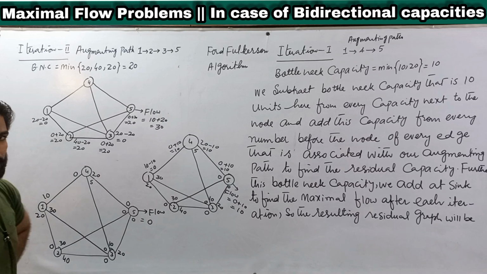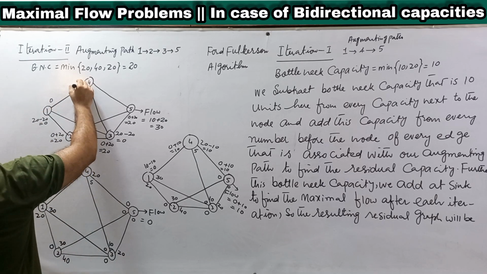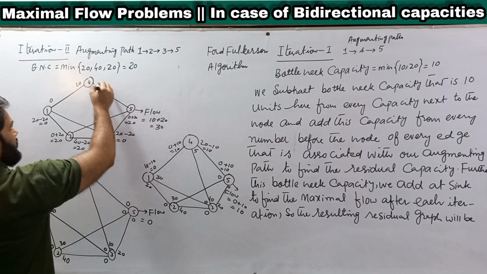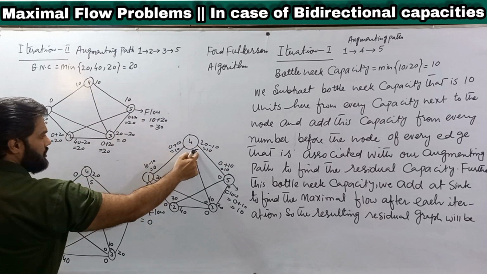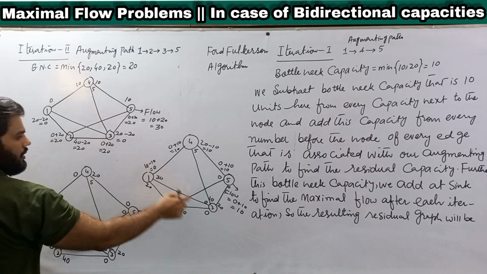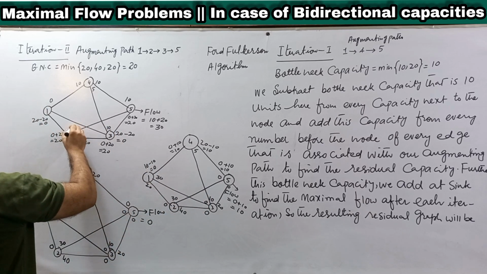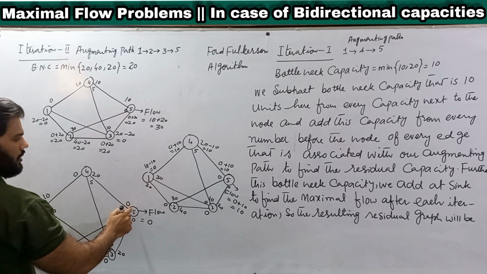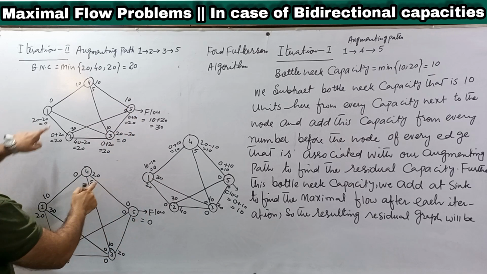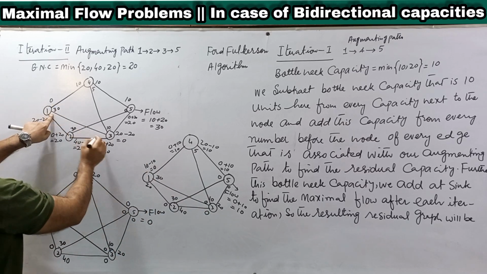And all the numbers of the remaining figure remain as they are: 10, 10, 5, 10 units, 30, and 0 between node 1 and node 3, and 0 at node 3.